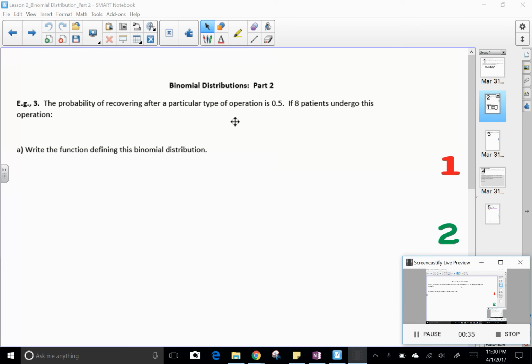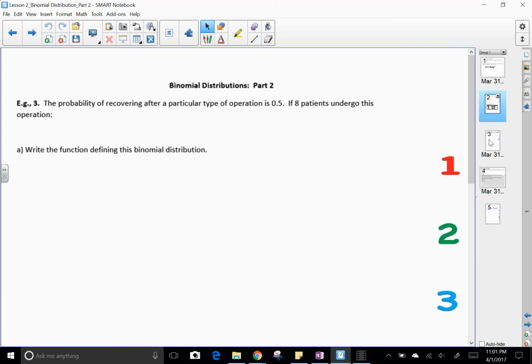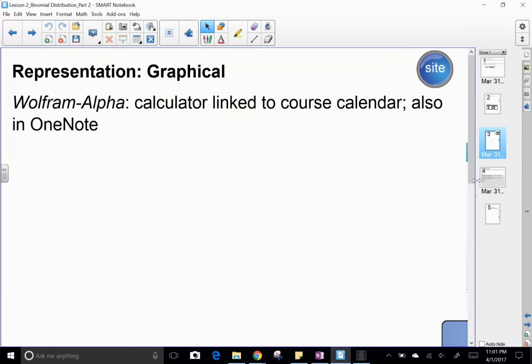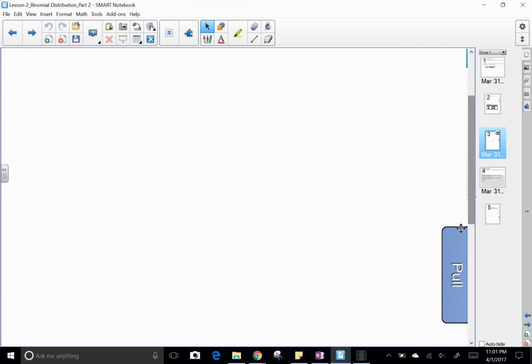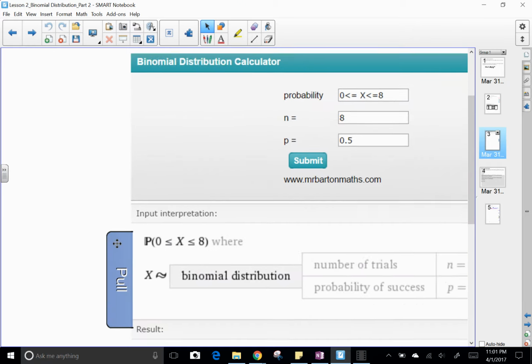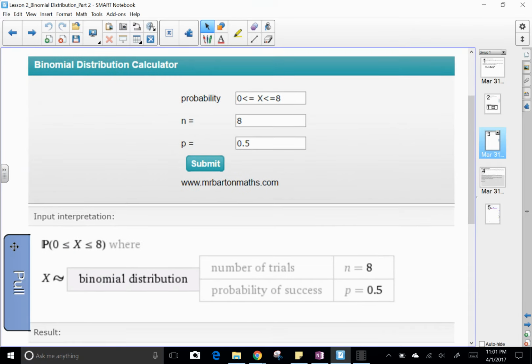So recall that the problem was about the recovery rate for a particular type of operation being 0.5 and 8 patients undergoing that operation. When I first showed you how to use the Wolfram Alpha website, I took a screenshot here.